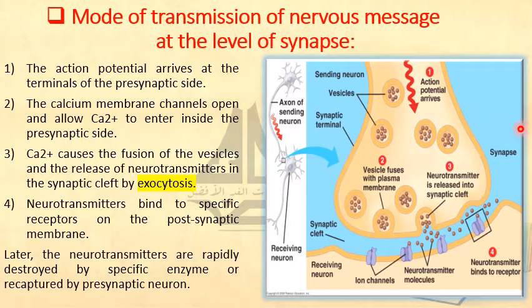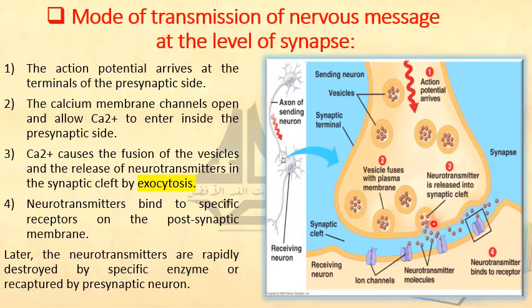The calcium channels are going to open and calcium ions are going to enter from outside to inside, from the extracellular medium to the intracellular medium. The movement of the calcium ions from outside to inside causes the fusion of the synaptic vesicles with the membrane of the presynaptic neuron.